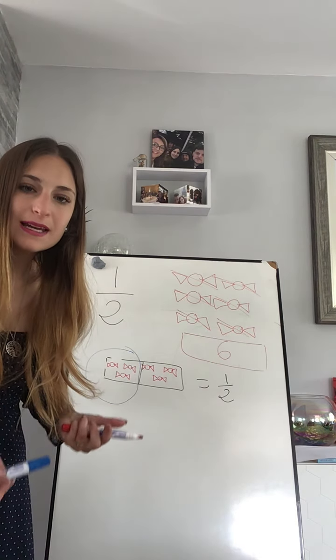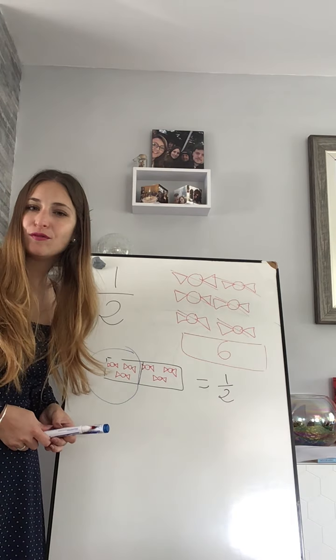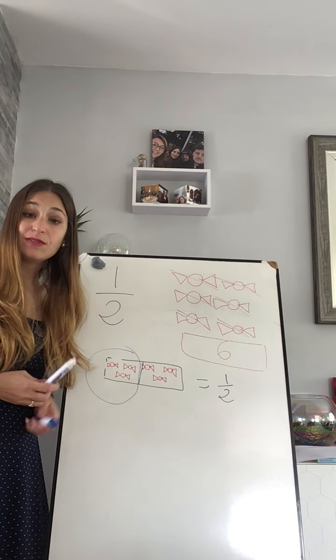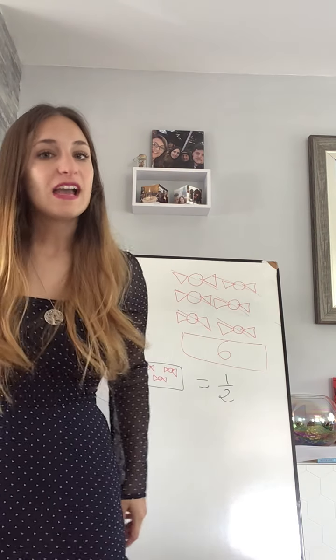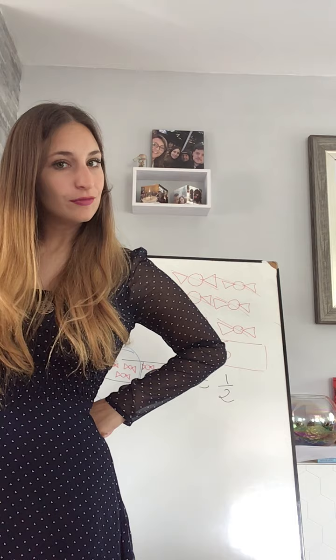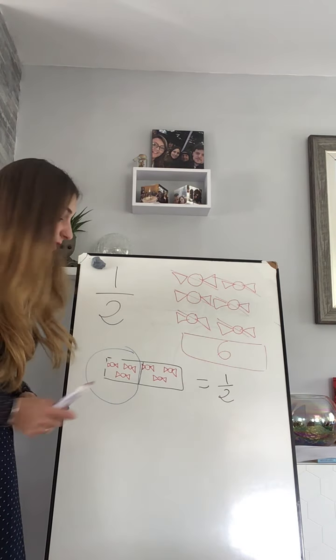See how many sweets I'm taking. What is 1/2 of my 6 sweets? If I have a bag with 6 sweets and I said, okay, I share with you, but you can only have the half. How many sweets is 1/2? 3. That's right.